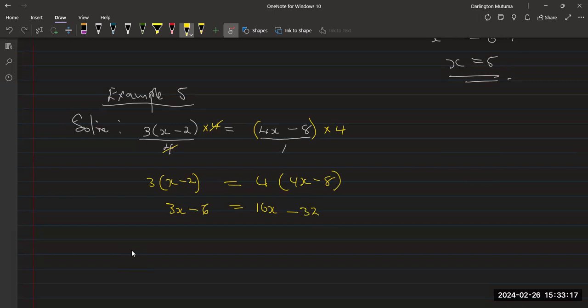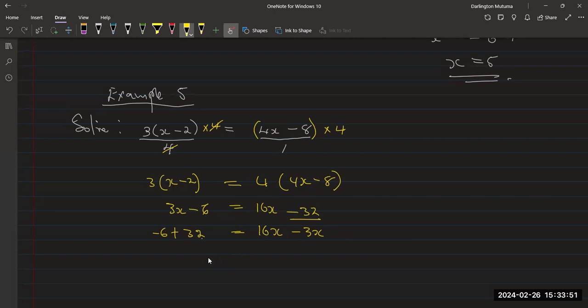So I would want to take 3x this side. So I will have 16x minus 3x is equal to negative 6 plus 32, because if this comes here, it becomes 32 positive. So what do we have? You are going to have 32 minus 6.